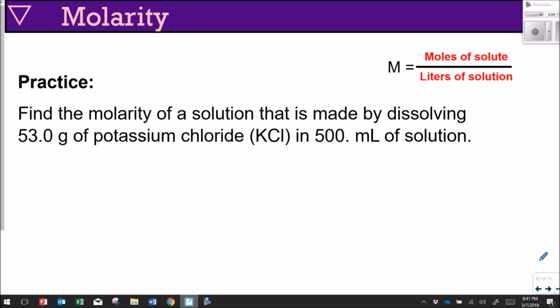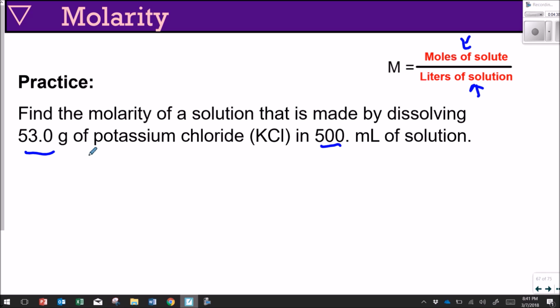Second example, find the molarity of a solution that is made by dissolving 53 grams of potassium chloride into 500 milliliters of solution. Since my formula uses moles and liters, and in my problem I have grams and milliliters, I have to do a couple of conversions first.